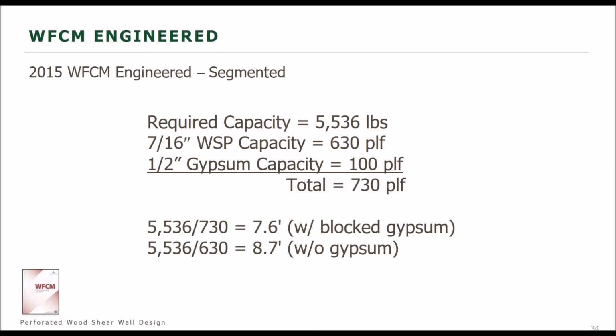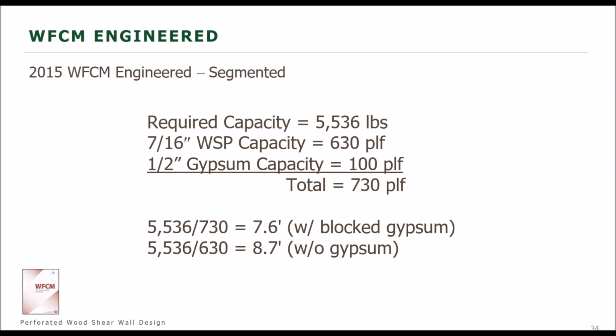Dividing the required capacity by the allowable, we see that we need 7.6 feet of wall with the blocked gypsum contribution. If we're not using the gypsum, we need 8.7 feet of full height wall segments. And again, this is the segmented approach.